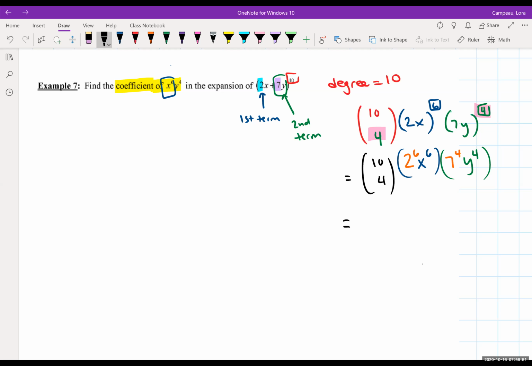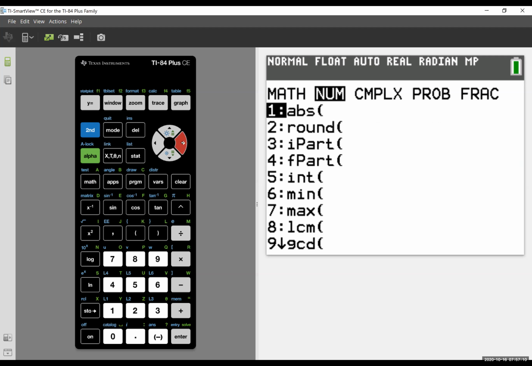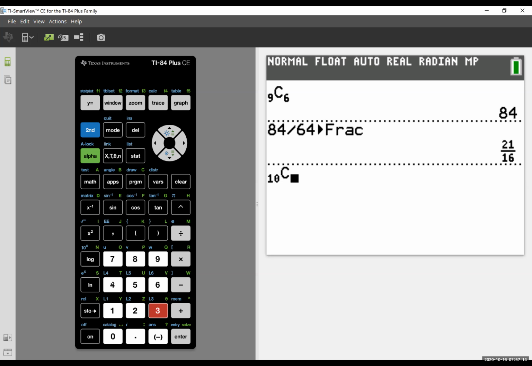So let's pull out our TI. And I really want to know, what is 10 choose 4? Let's use our calculator: 10, math, scroll over to the probability menu, choose item number 3, combination, 10 choose 4, press enter.